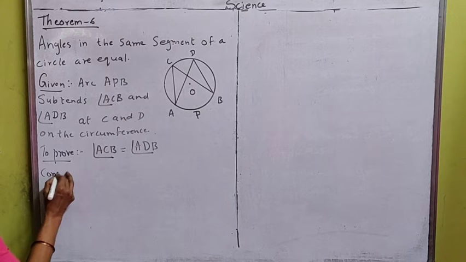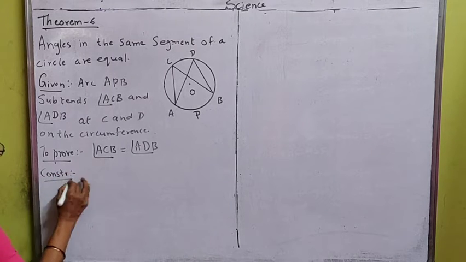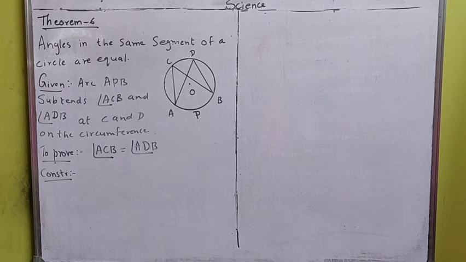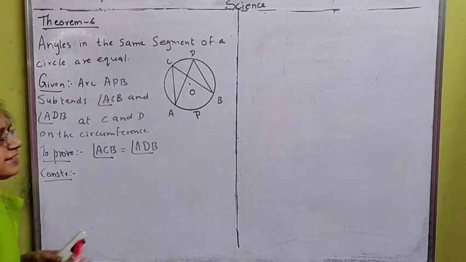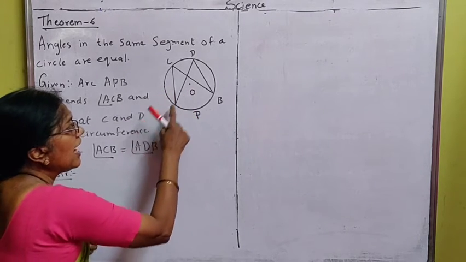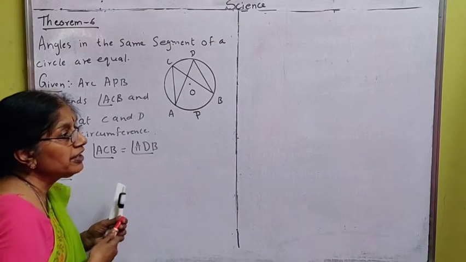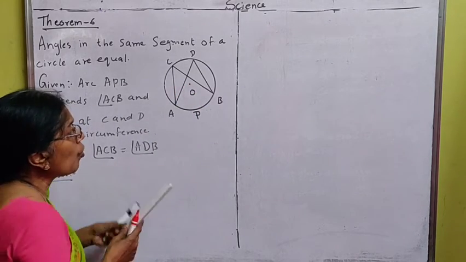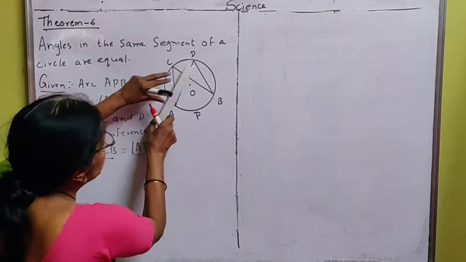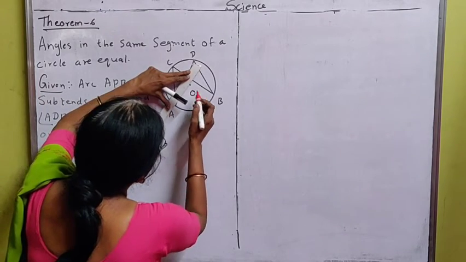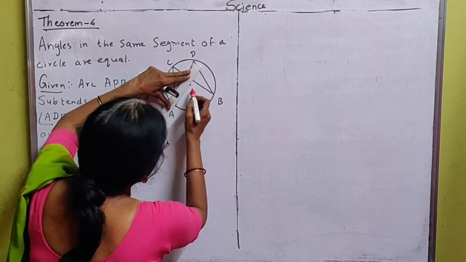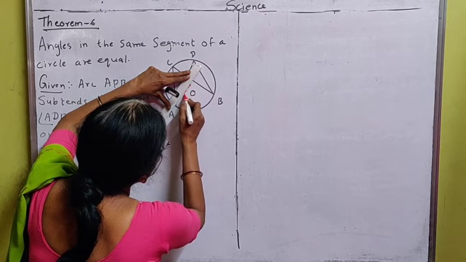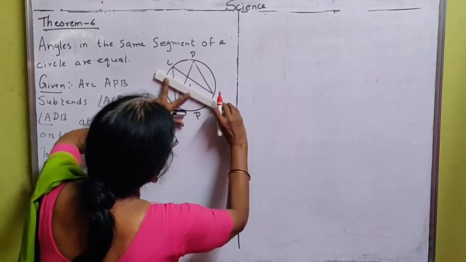What is the construction over here? The construction is that you have to join the center with A and the center with B. That is, you are going to join OA and OB. I am joining them with a dotted line.